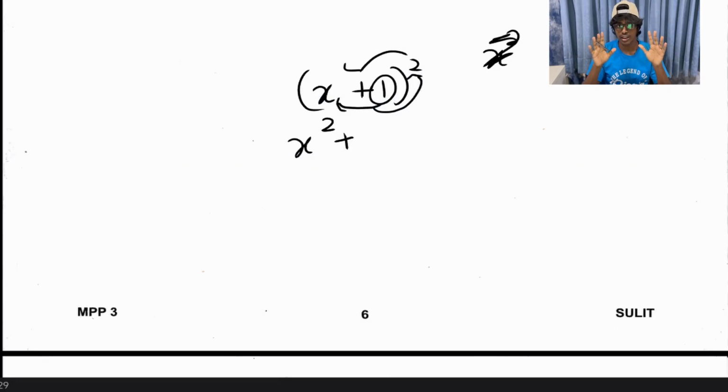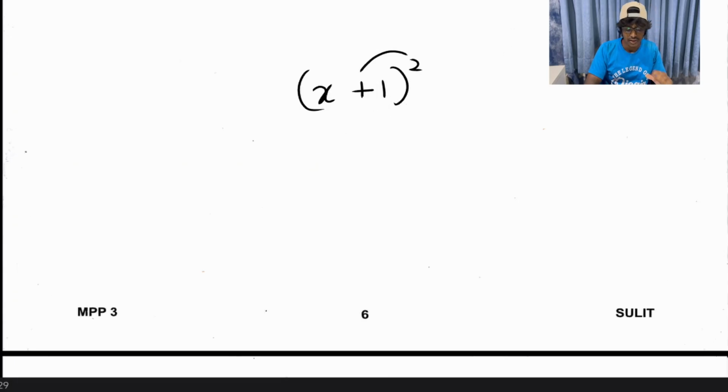Follow me properly here again. The first part is that whatever's in front here, we just times it with itself, or just put a kuasa 2 on top. So x kuasa 2. For the second part, whatever is here, we want to times it with this fella, and then we times it with 2.